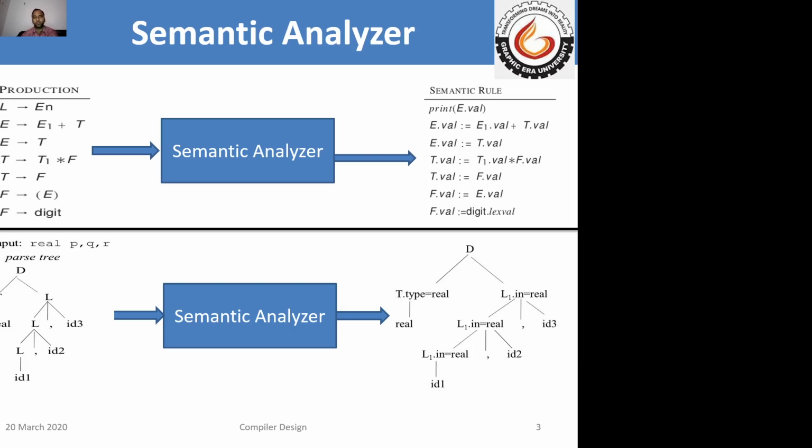Now, how are the productions converted into semantic rules? If we associate attribute values with every production, then it becomes semantic rules. How?